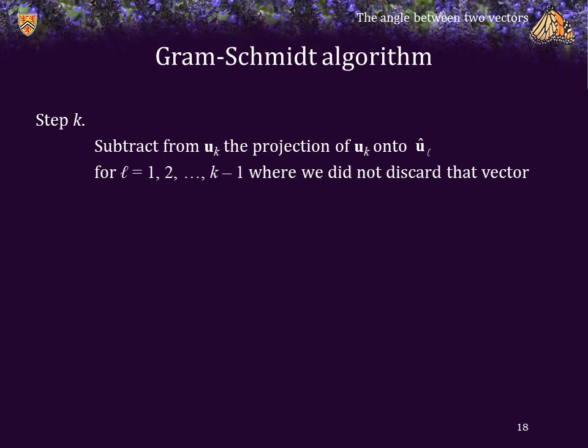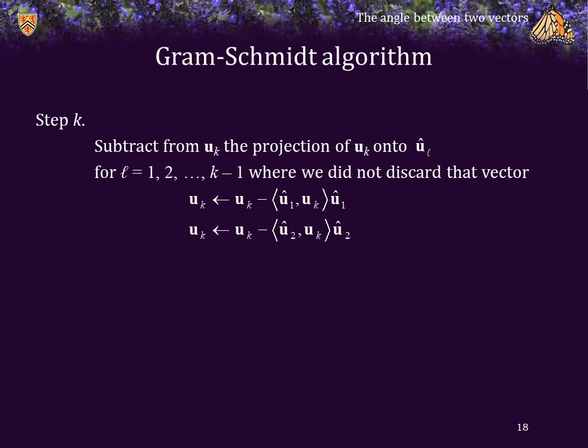Well, what we're going to do is simply subtract from u_k the projection of u_k onto u_l cap, where l goes from 1 to k-1, at least whenever we did not discard that vector. So first we replace u_k with u_k minus the projection of u_k onto u_1 cap.